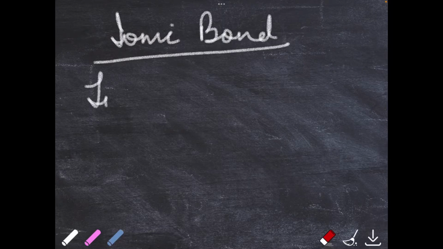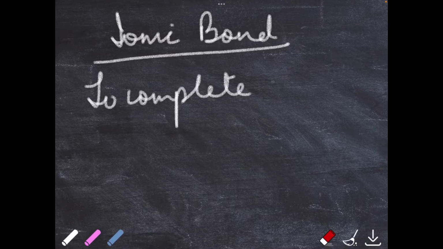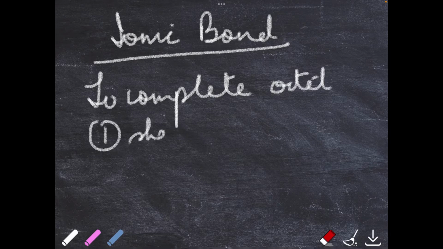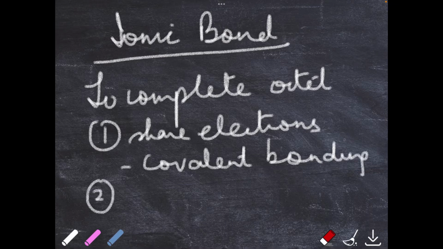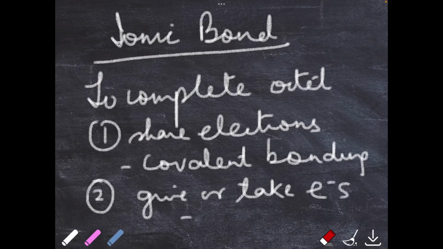To complete their octet, the atoms either share electrons, which is called covalent bonding, or another type of bonding is they give or take electrons, and this is called ionic bonding.